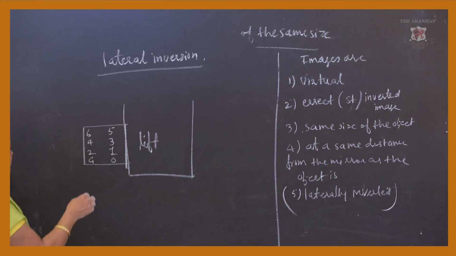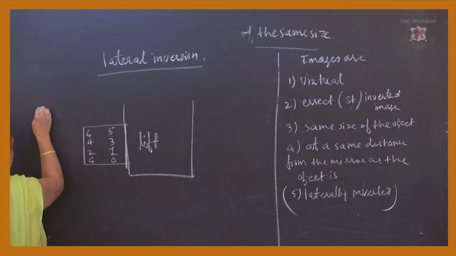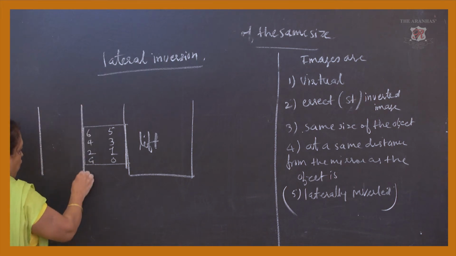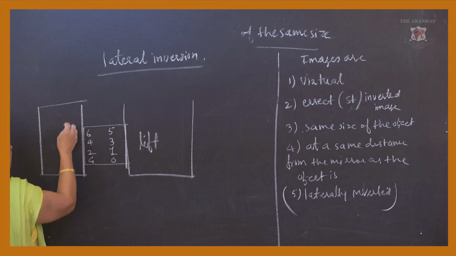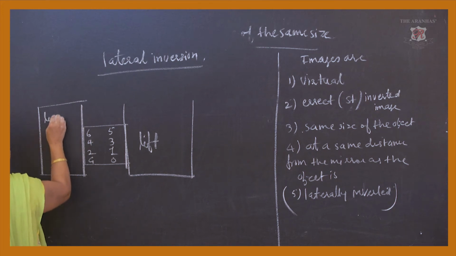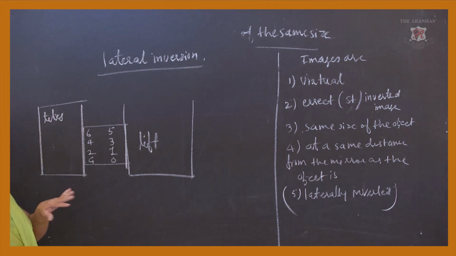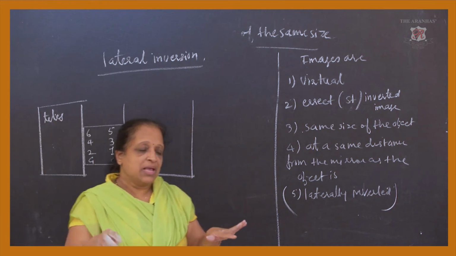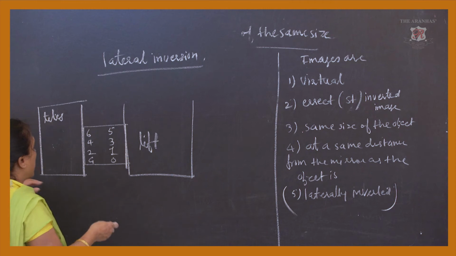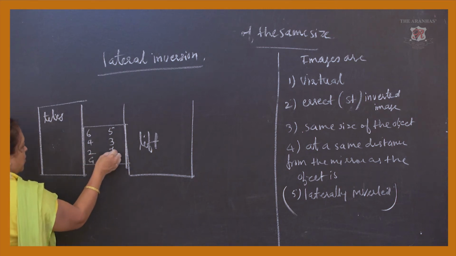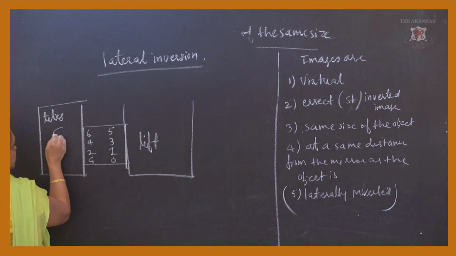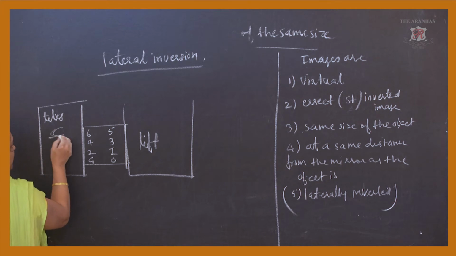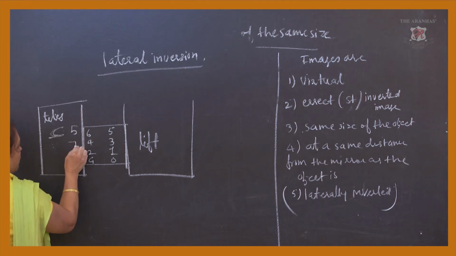Attached to this, there is a wall which is made up of tiles, and tiles, we know, are very smooth. So here, when 5 or 4 or 3 or 1 is there, 2 looks like this, or 5 looks like this.